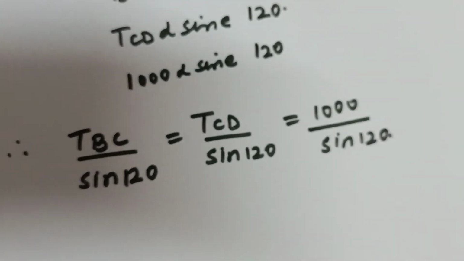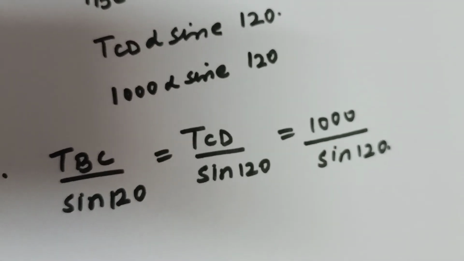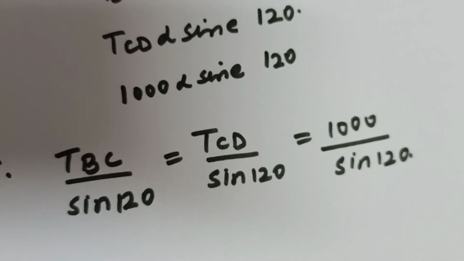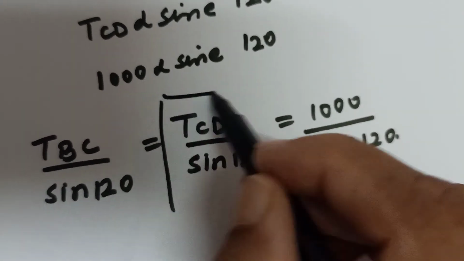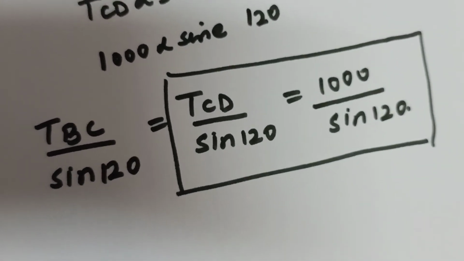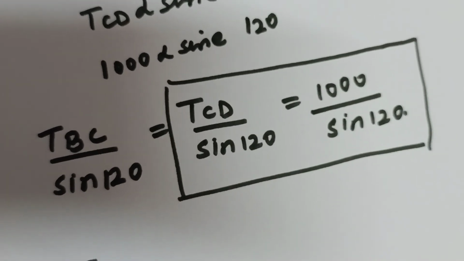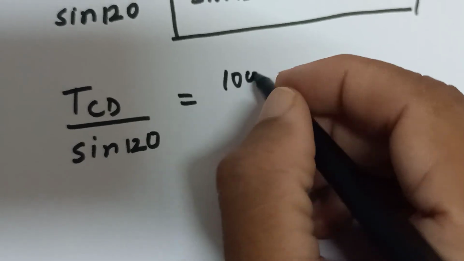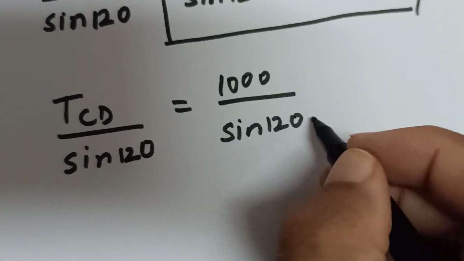Now I know the value of BC, I can put that value which I have calculated in the previous. Or I can take these both to find out the value of CD. So suppose I take TCD upon sine 120 is equal to 1000 upon sine 120.